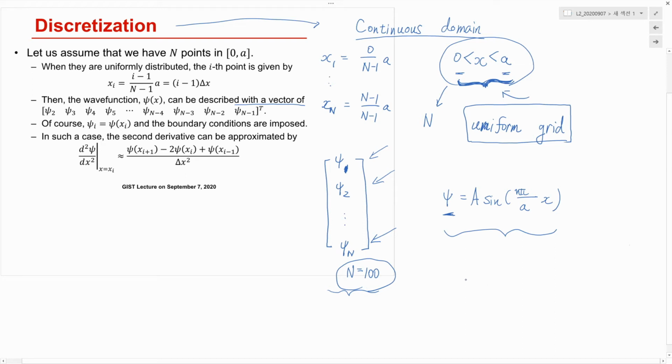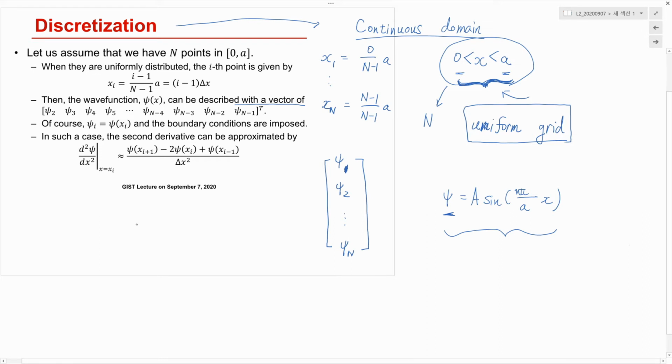If the solution is changing fast inside our domain, then these 100 points would not be sufficient. We have, once again, the assumption of a smoothly varying solution in this case. Anyway, this is the way of describing our wave function.